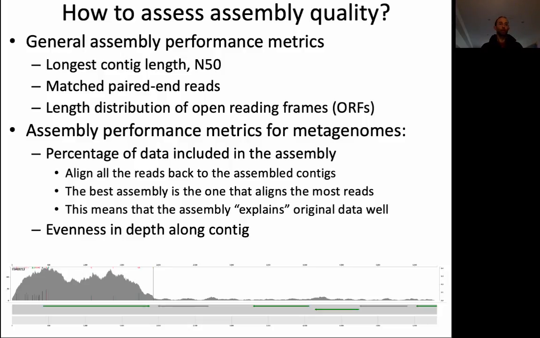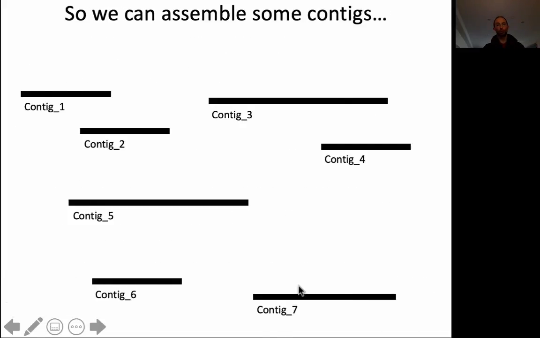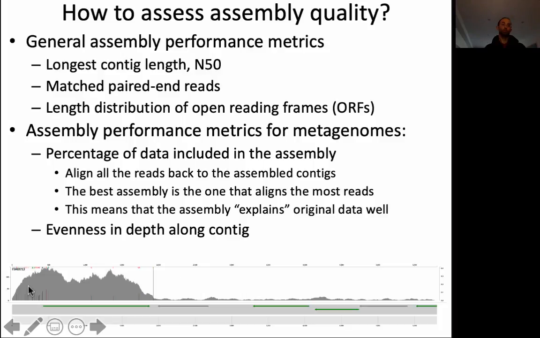We can assess this by aligning all of the sequencing reads back to the assembled contigs and just measuring how many of these reads can be aligned back to the assembled contigs, indicating what percentage of the original data is actually explained by the assembled contigs. So do the contigs actually explain the original data well? And finally, the evenness in depth along the contig length is also something that is supposed to be quite even. So this is for metagenomics also a good way of assessing whether proper contigs were assembled.